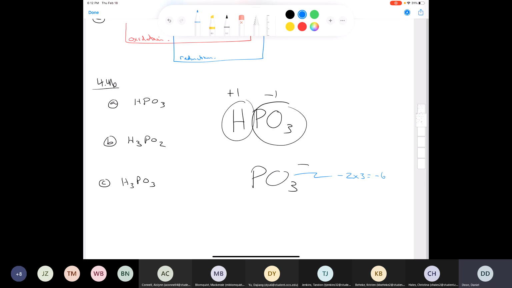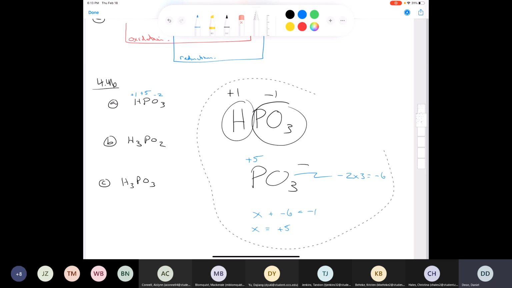Something plus -6 is going to equal -1, because the overall charge of the PO3 ion is -1. So X would be equal to +5. That means my phosphorus is +5, my oxygen is -2, and my hydrogen is +1.